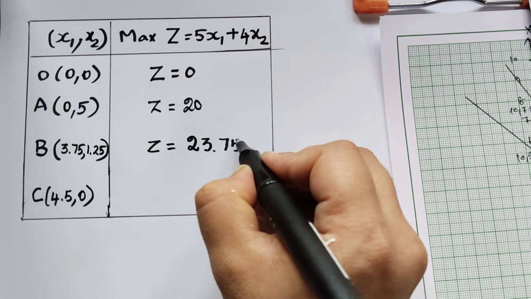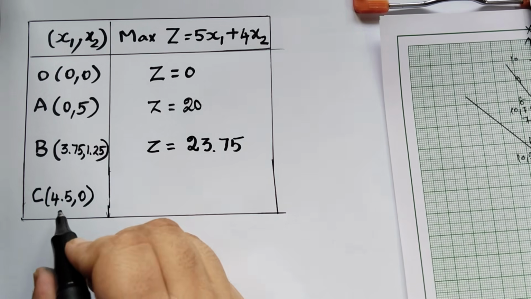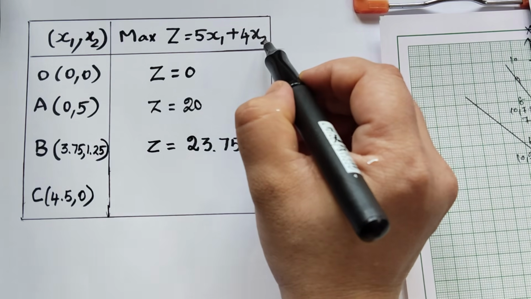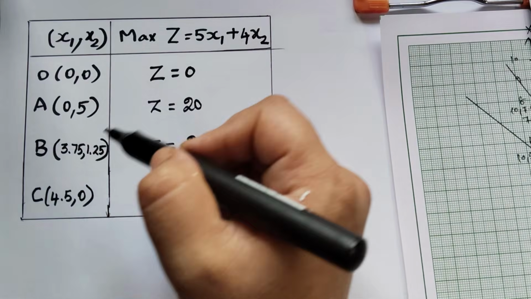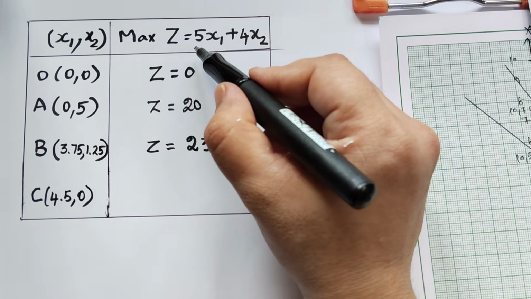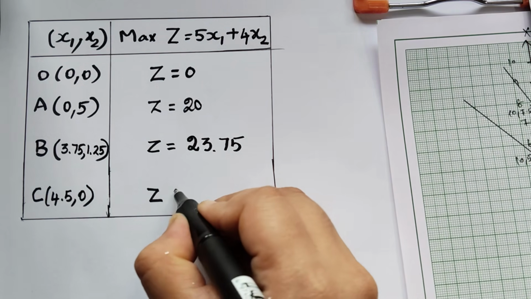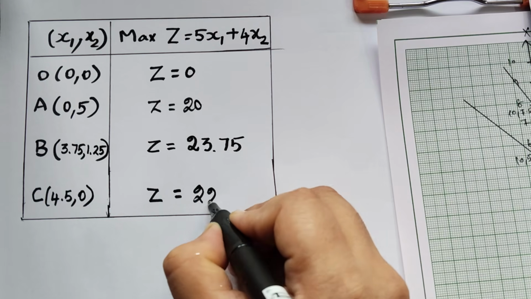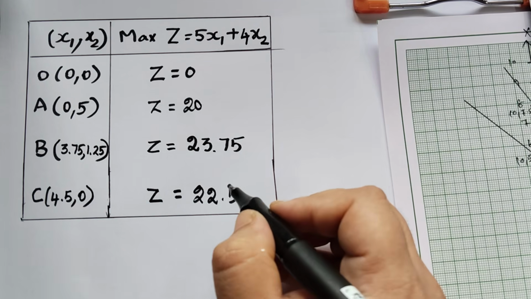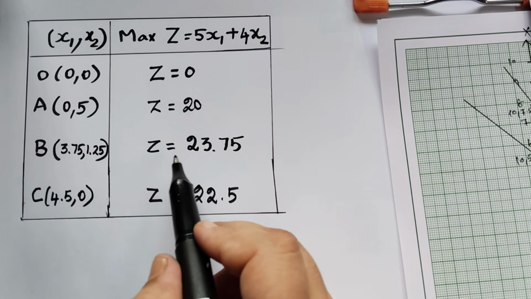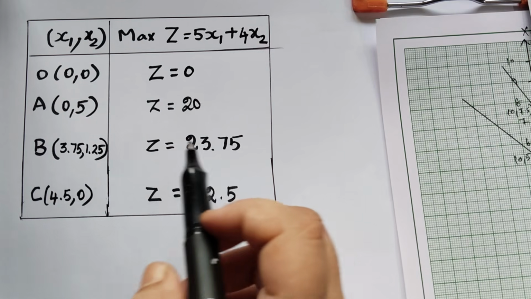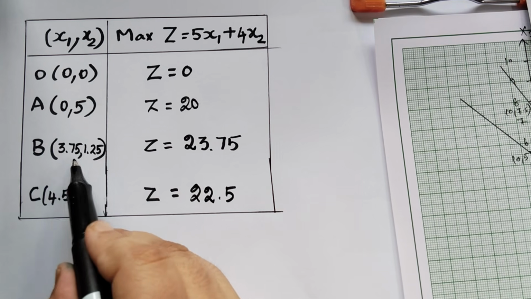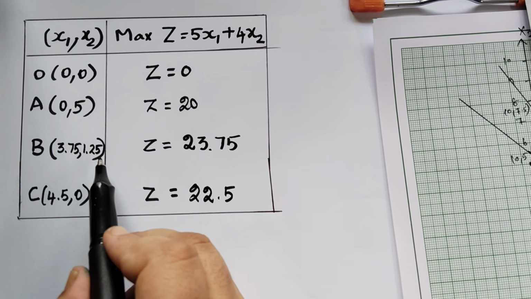You can substitute and check it. Similarly, when we substitute x1 as 4.5 and x2 as 0, 4.5 multiplied with 5 gives us Z equal to 22.5. And so if we see, the maximum is for Z equal to 23.75 at the point 3.75 comma 1.25.